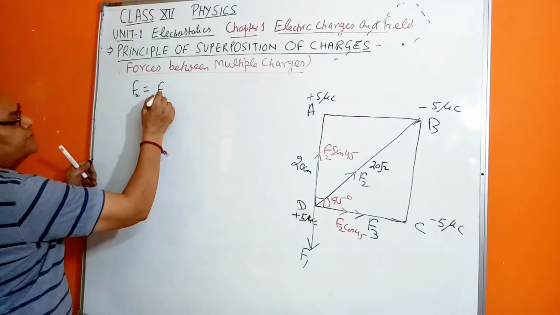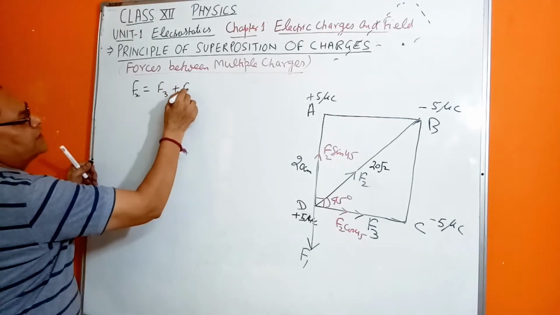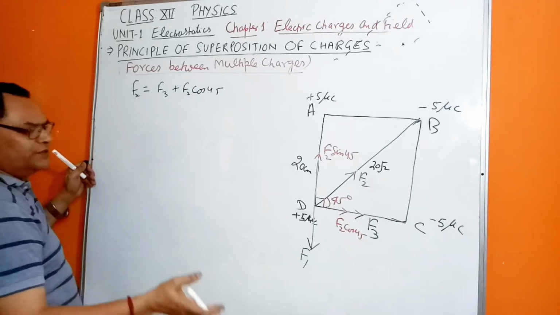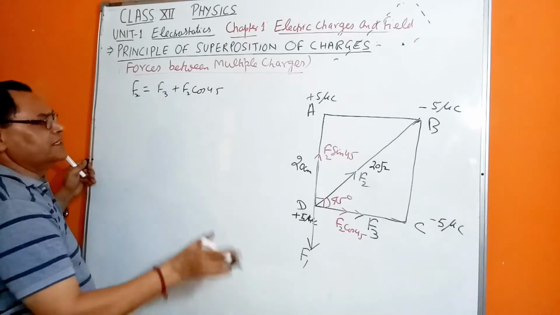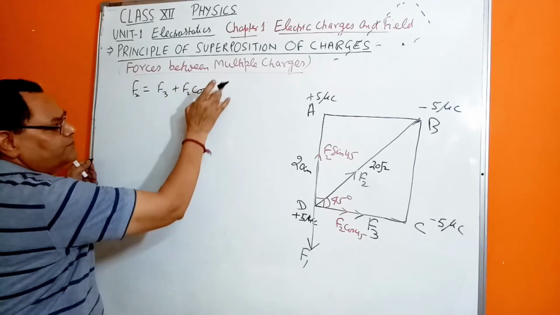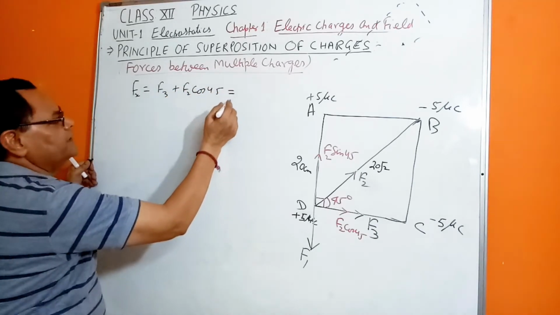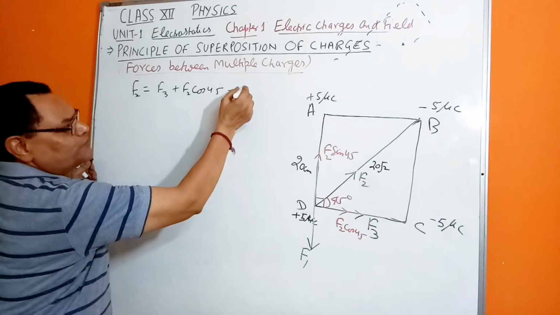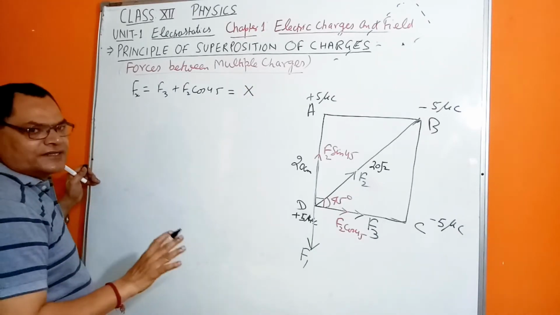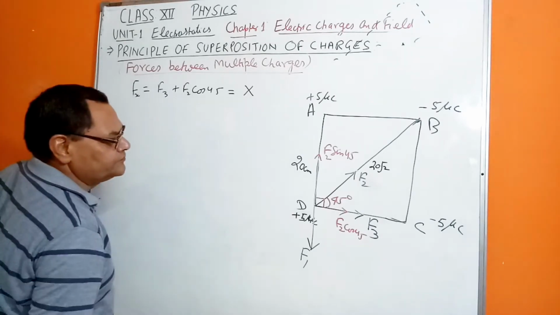So you will have F3 plus F2 cos 45. Instead of wasting time, please put the value of F2 cos 45 as 1 upon root 2. So you will simplify it. Suppose this value comes as capital X numerically, you will get it.